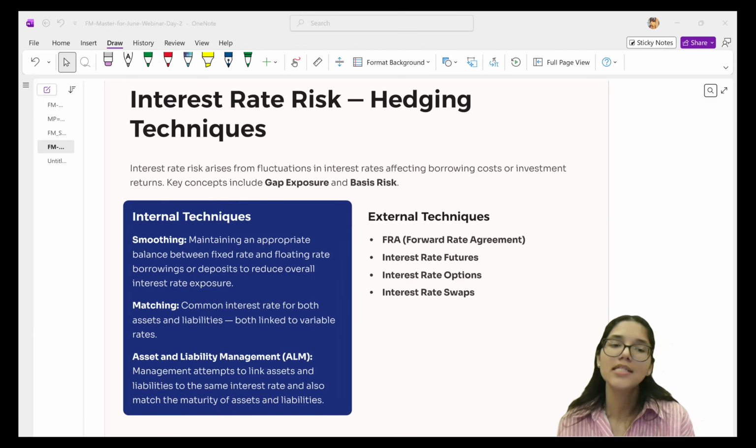Now, a lot of students think that matching and asset liability management are exactly the same thing. How many of you think so? Matching and ALM, are they the same? They are very similar, but are they completely the same?